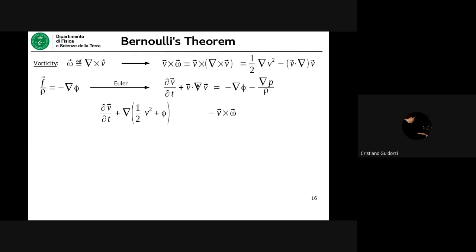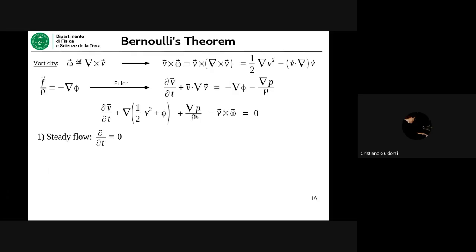I took the potential term and put it on the left-hand side of the equation, so plus gradient of phi, and I also put the pressure term on the left-hand side, so plus gradient of pressure over rho. So I essentially rewrote the Euler equation exploiting this calculus identity.